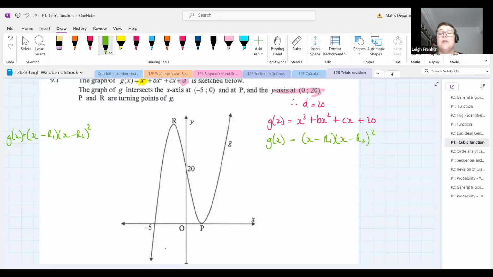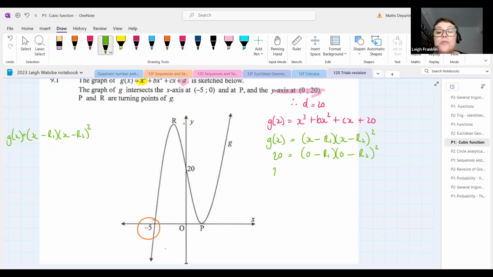First of all, they've given us a y-intercept. So when y is 20, x is 0. Have they given us other information? Yes, they have. Look here, they've given us the other x-intercept. So let's go and sub that in.